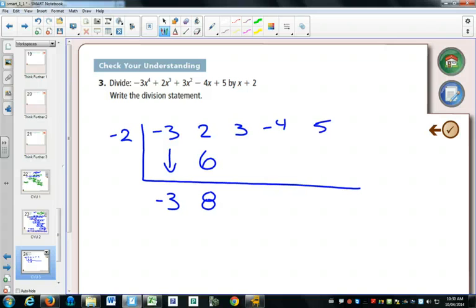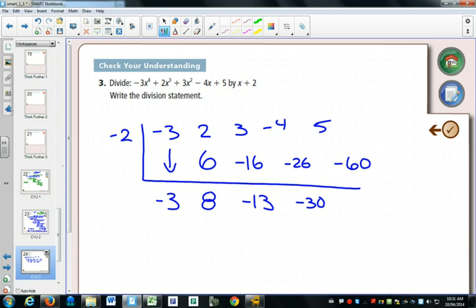And in long division, we did this step over and over and over again. So in synthetic division, if we don't write all that extra stuff, this negative 2 is going to get multiplied by this 8 and give us negative 16. And then we add and get negative 13. And then that negative 2 is going to get multiplied by that negative 13, and you get positive 26.